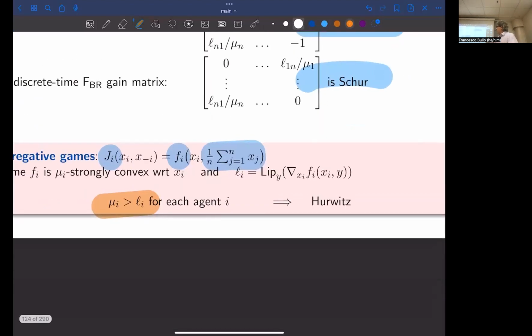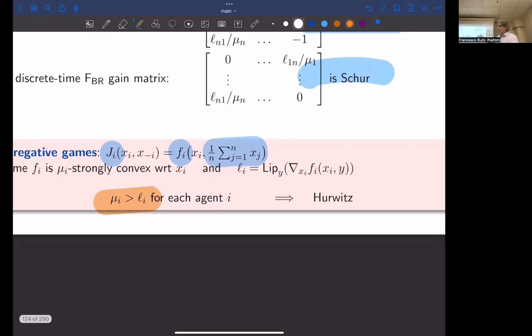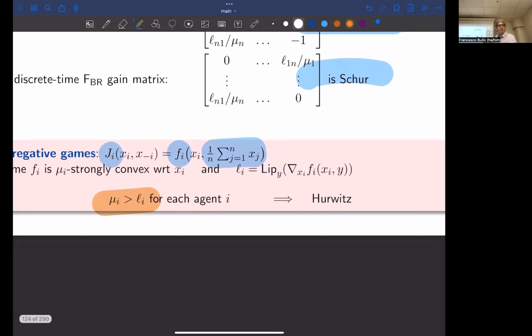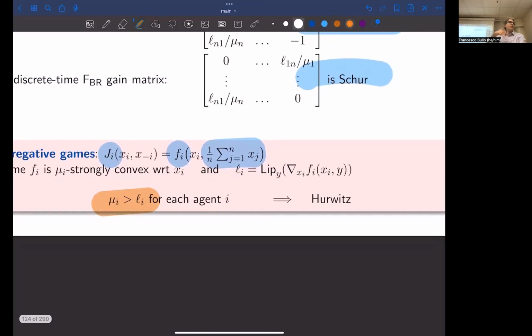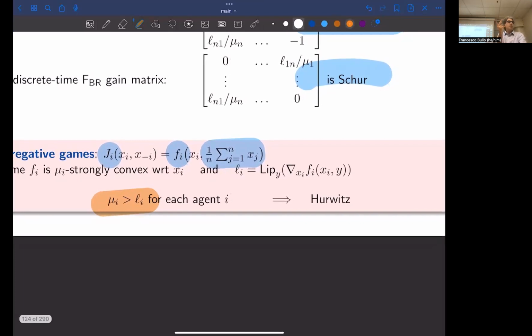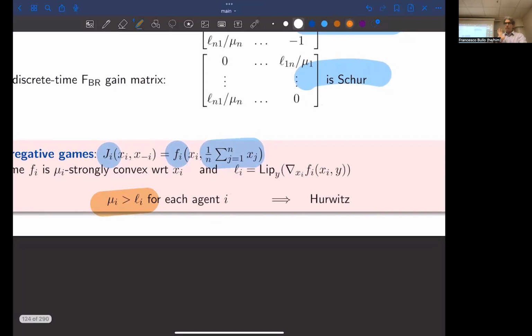So if each agent has an aggregate cost function lowercase f_i, then you don't have n coefficients or n squared coefficients to put in a matrix. You just have two coefficients for each agent, mu_i and L_i. And you just need mu_i to be larger than L_i. And if that's so, then I can prove that those gain matrices are all stable, either Hurwitz or Schur.